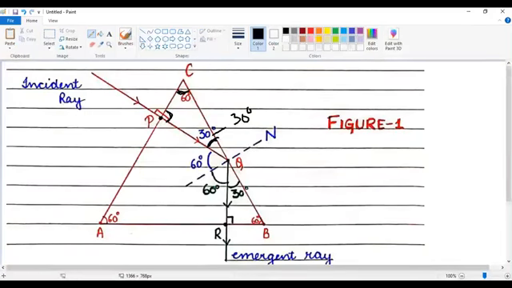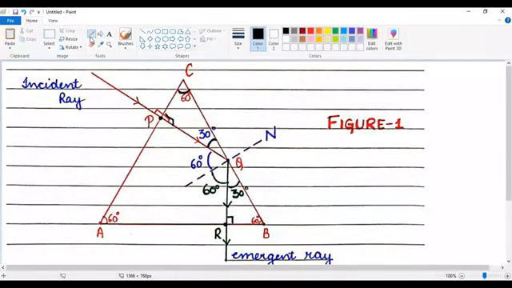Here we will be using the fact that the sum of internal angles of a triangle should be 180 degrees. So this 90, 60, 30, the sum of all these three will be 180 degrees.